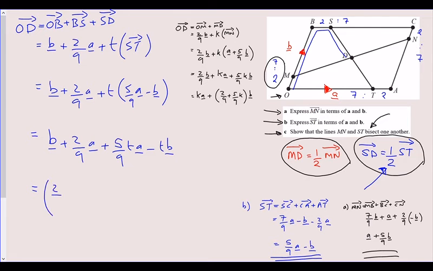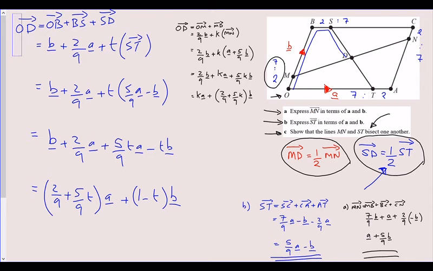I've got 2 over 9 plus 5 over 9t a plus 1 minus t b. Okay. So I'm just going to check that through. I'm happy with that. Yep. Okay, I'm happy with that.